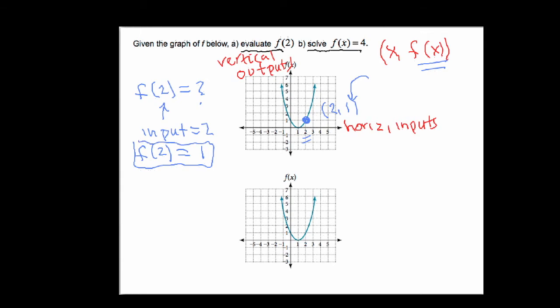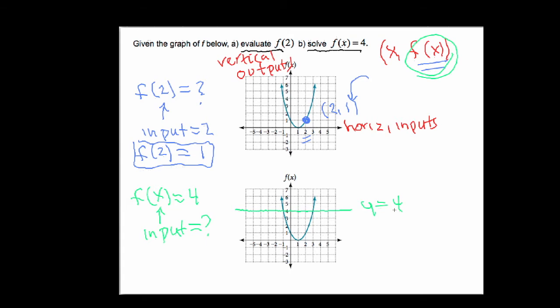Now in the second case, we're going to solve when f of x equals 4. Here I'm given an output, and I'm looking to find the input. So let's find the outputs along the vertical axis and look for the output y equals 4.